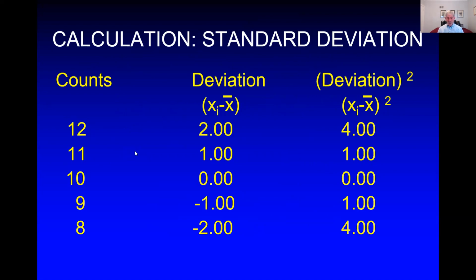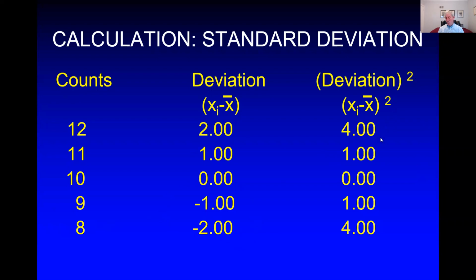So look, if the mean value is 10, we're going to say 12 minus 10 is 2, 11 minus 10 is 1, 10 minus 10 is 0, 9 minus 10 is minus 1, and 8 minus 10 is minus 2. Do these two numbers, which are negative, does that negative sign bother you? The answer is no, because you're going to square it and they're going to disappear. So here are our deviations.